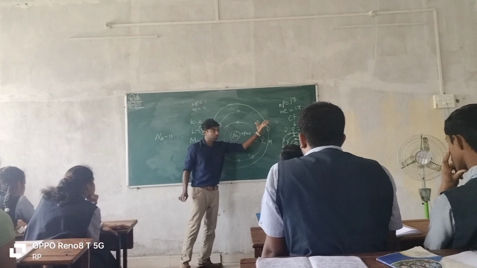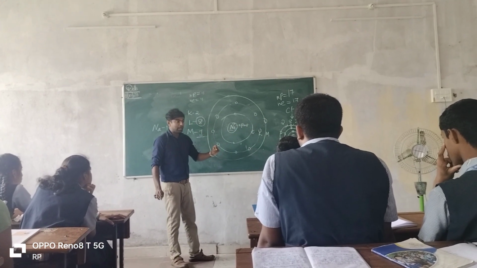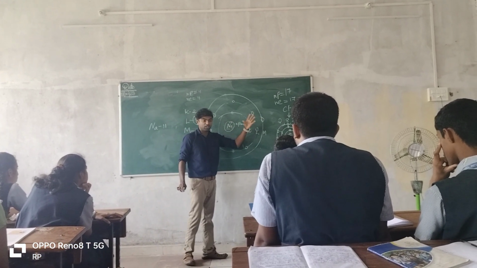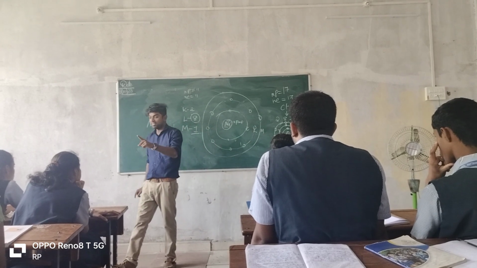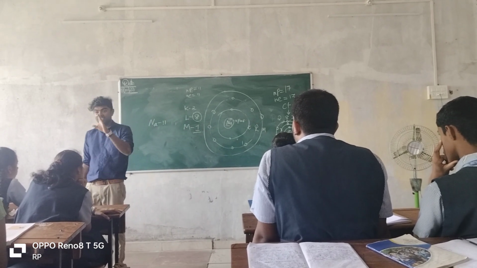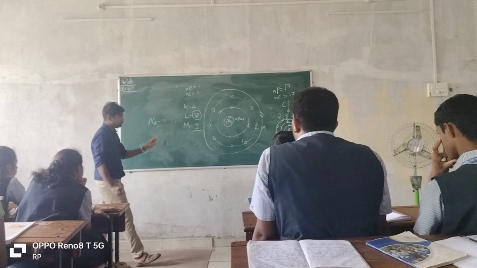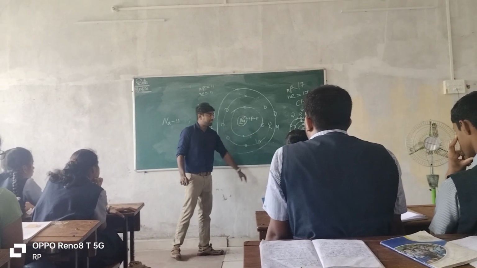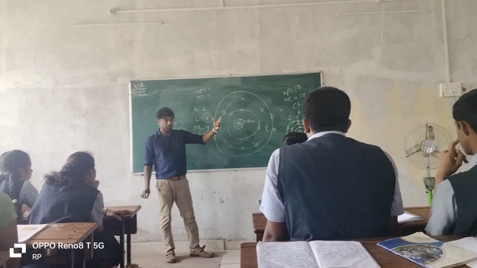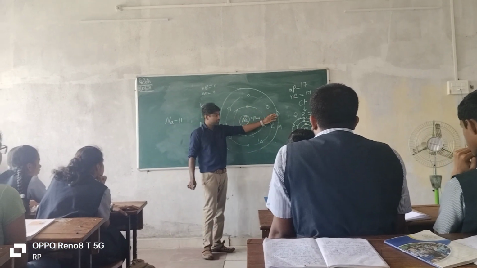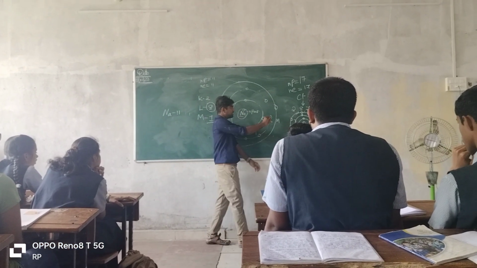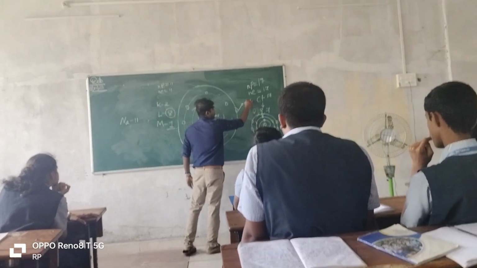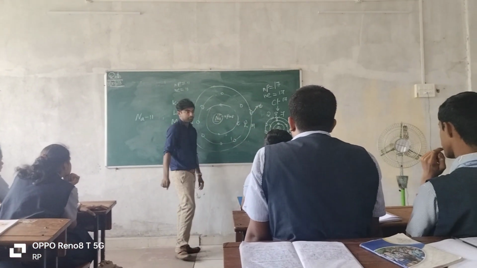This electron is going outside, and what will happen? We needed to make the outermost shell electrons 8. Since the outermost shell electron is 1 here, we need to take it outside. So we will take this electron outside, then 1 electron will come outside.